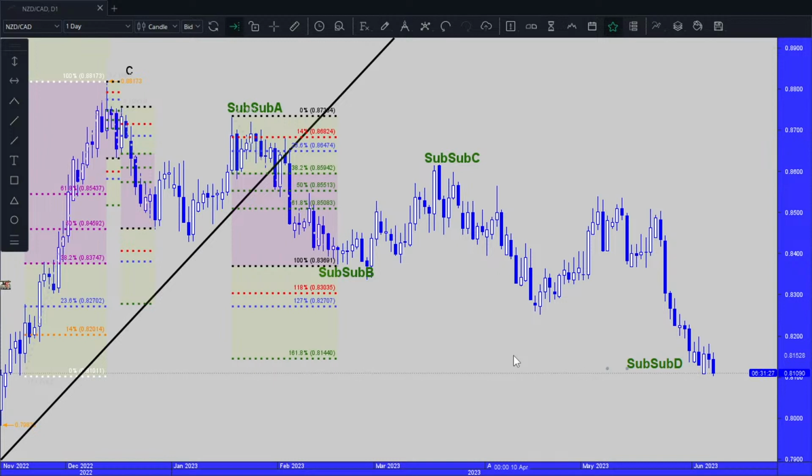Can you put the stop loss in the correct place? Can you enter at the C? Can you find out the original C? Can you find the confirmed C, everybody? Can you do this?